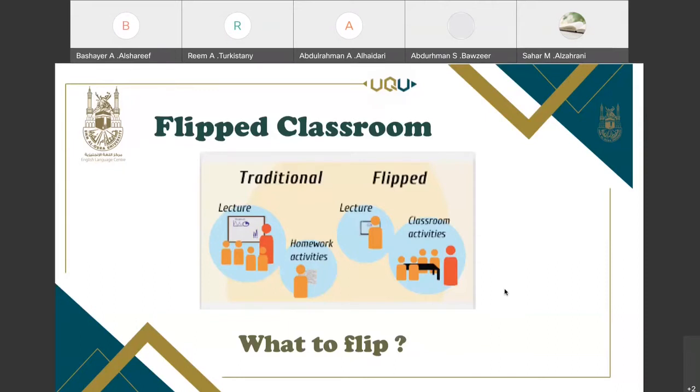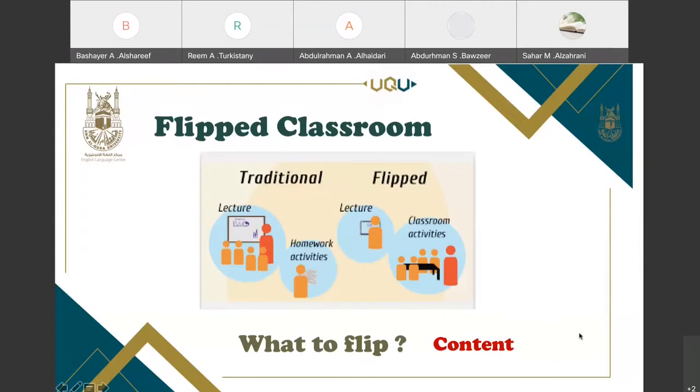Okay, what else? Everything, okay. The role, the places, the technique, the information, okay. Now, what we are exactly flipping here is the content: the place where the content is delivered and the procedure by which content is delivered.